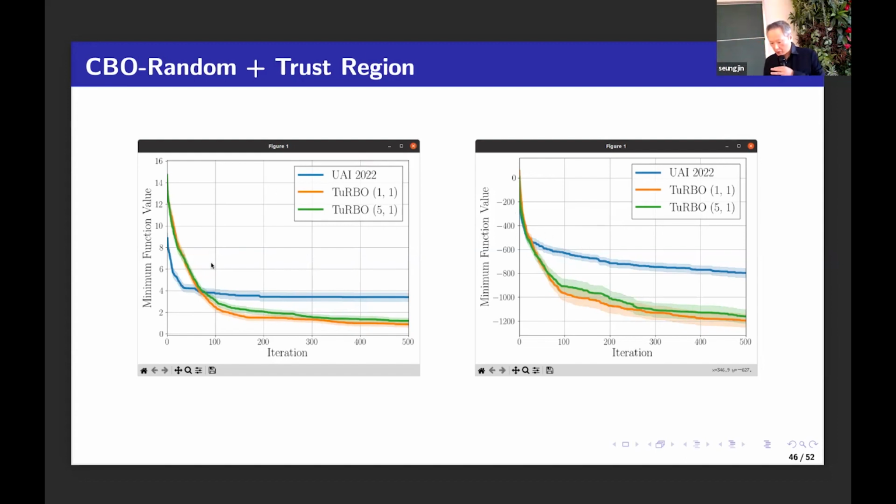The blue curve is the regret over the iterations of our original random projection-based combinatorial Bayesian optimization, and the green and orange curves are the results of our technique combined with the trust region. It turns out to find the solutions much faster.